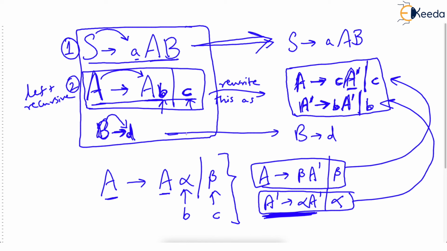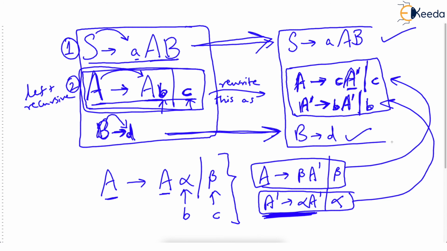We didn't have any problem with these two productions. There was no left recursion here, but there was a left recursion in this second production. So we have rewritten it in 2 steps. So the entire grammar now is not left recursive because none of the productions have left recursion.